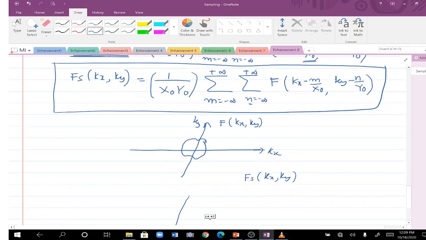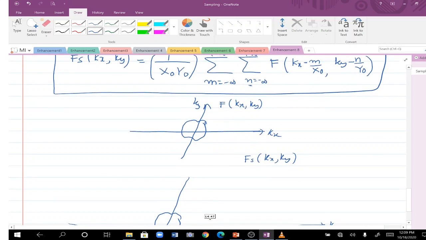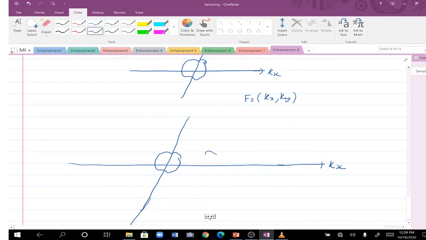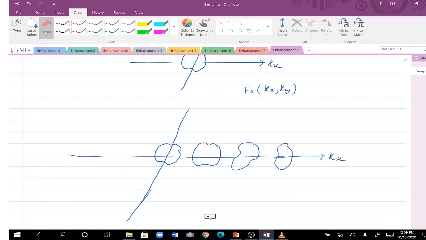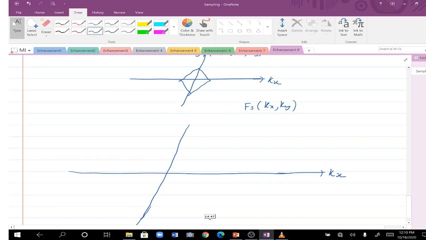Then for example, you have m equal to 1, right? Then you have copies which are delayed in the x direction. Then you take different copies of it placed here. The shape is becoming difficult to handle, so let me just draw a simple diamond kind of shape here, makes my life easier. Suppose that's my Fourier domain.